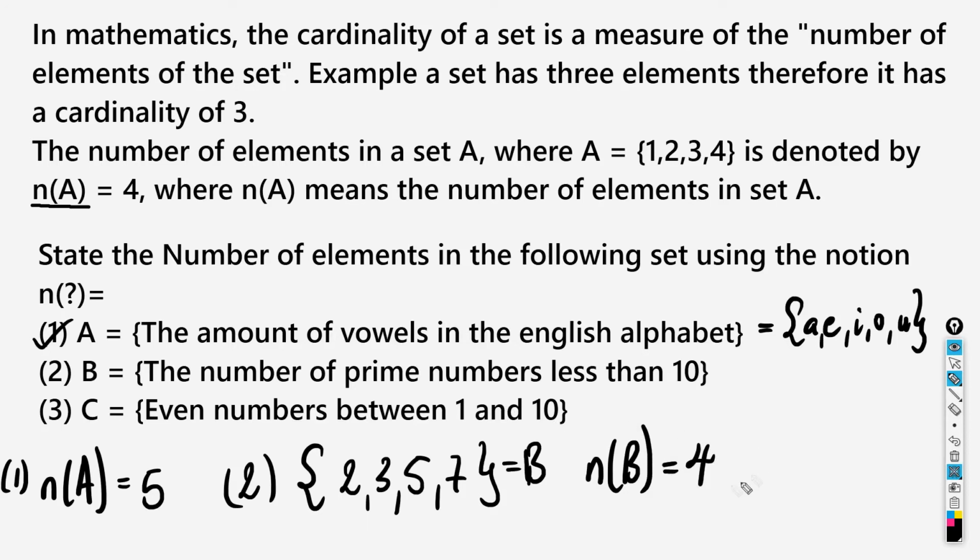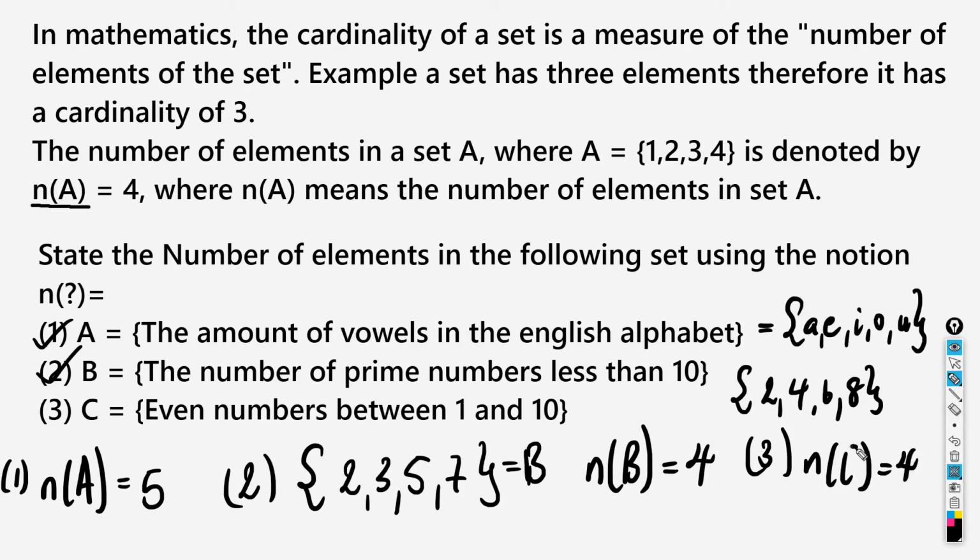That would be the answer for B: 4. Then number 3 says even numbers between 1 and 10. The even numbers between 1 and 10 are 2, 4, 6, and 8. So n(C) would be equal to 4. There are 4 even numbers between 1 and 10. That's the answer for that one.